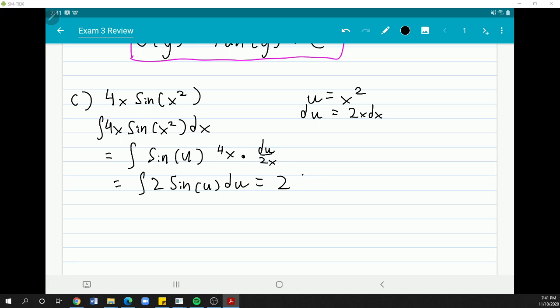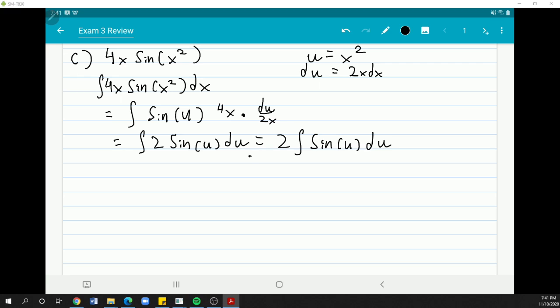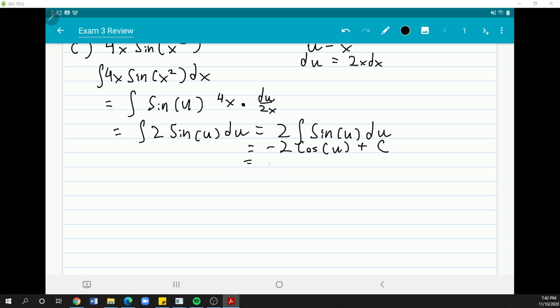I can take this 2 out of the integral sign. And so finally, this is equal to minus 2 cosine u plus c. So now we have to go back and remember what was u? u was x squared, so minus 2 cosine of x squared plus c. So u substitution, very important.